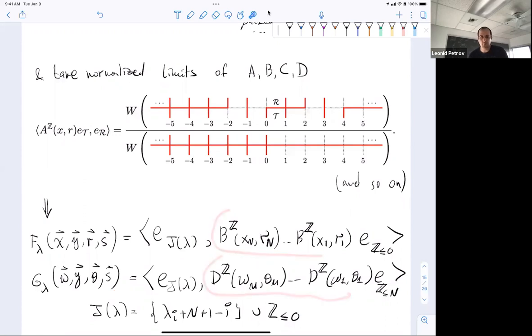Remember that B and D are just indices for certain types of boundary conditions on the left and on the right, which correspond to F and G. So my F and G are still matrix elements of these new operators. Here I just need to add a densely packed configuration to the left of 0. That cancels out. It doesn't give you any action because it doesn't move any arrow from there.